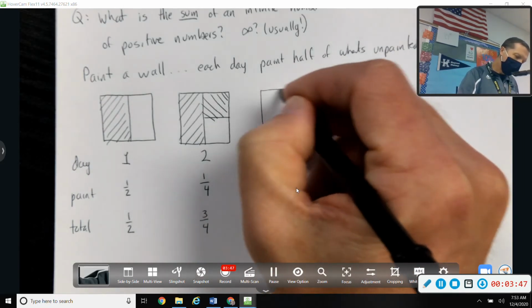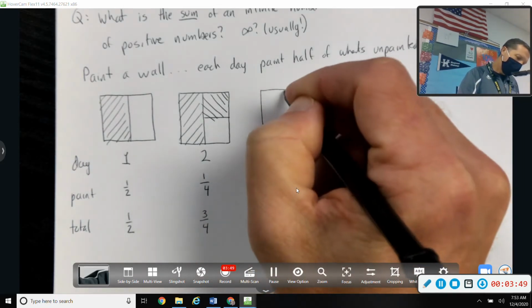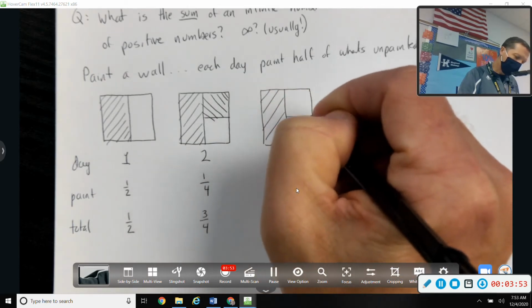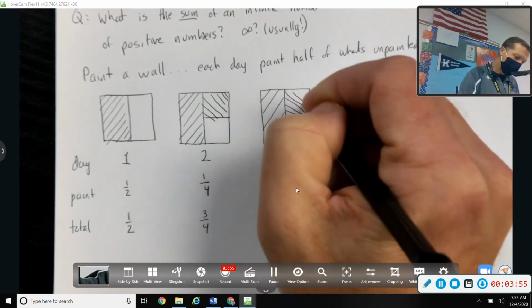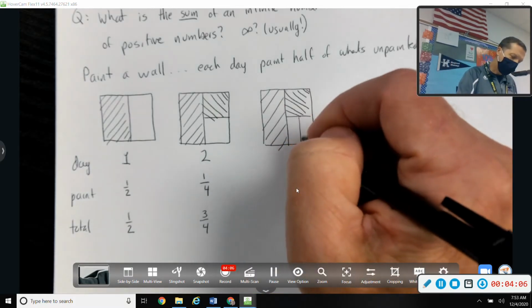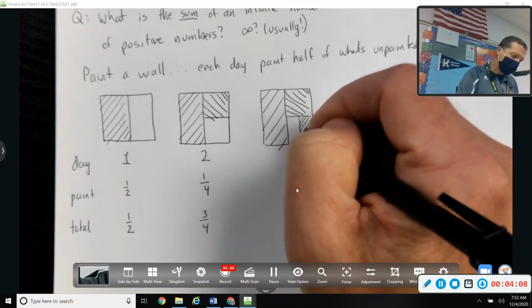Day 3, we wake up and we see that 3/4 of the wall is painted. That's nice. And I don't know, this painting thing is getting old, so let's only paint half of what's left today, because I'm getting tired of this. I don't want to finish the job today. Let's paint half of what's left.